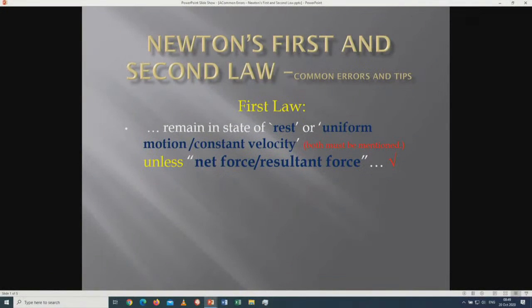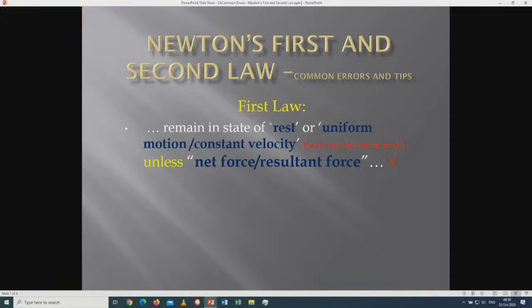And in Newton's first law, it is very important that there's a state which you start off with, a state. And that state is described in 2 ways: either rest or uniform motion, or constant velocity. It's very important.